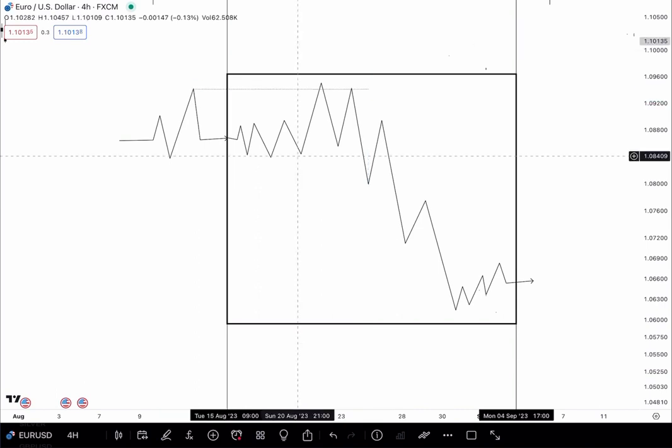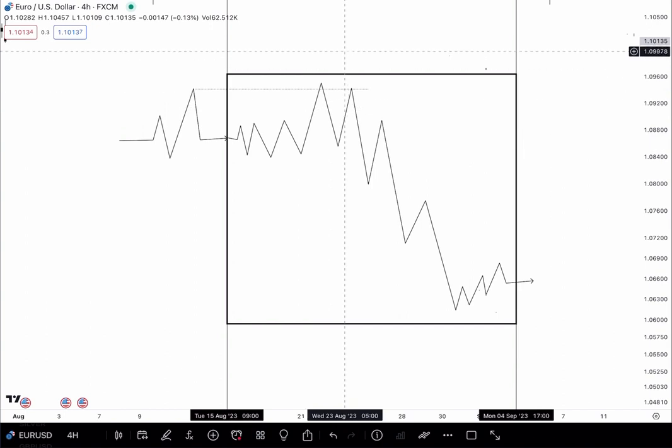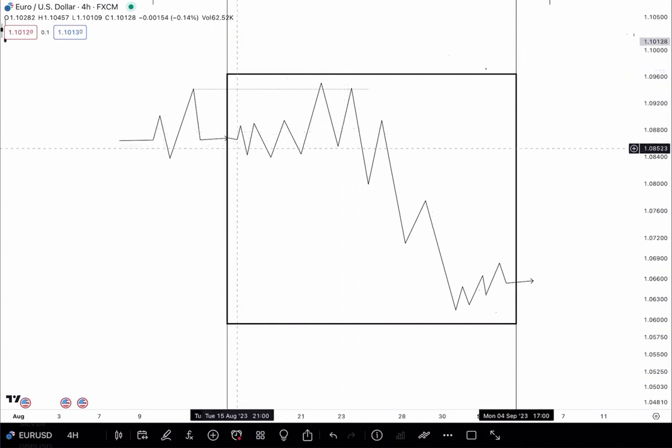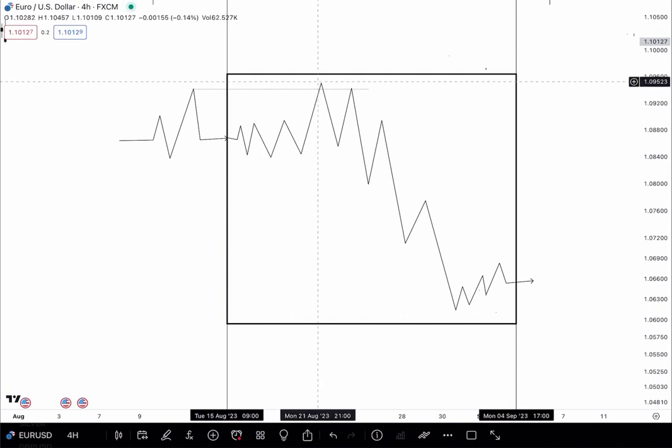A liquidity pool inside of a higher time frame PD array, above the opening price of the candle you are trying to trade. From there you enter and you ride it down to the opening price.